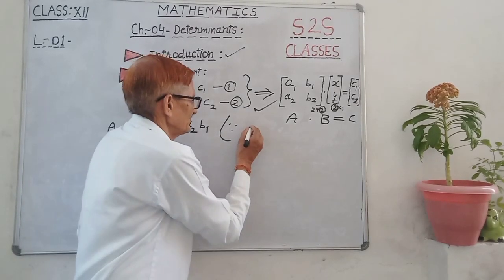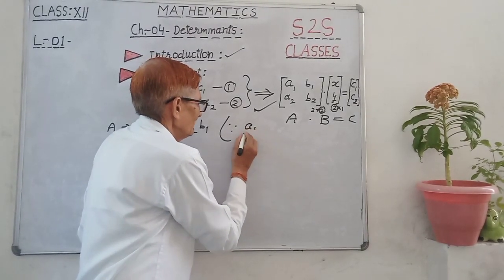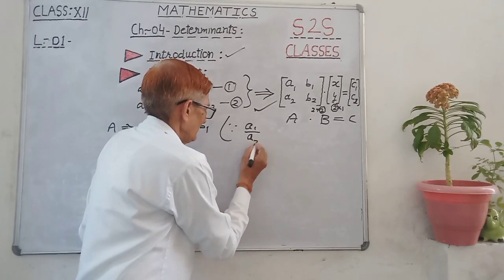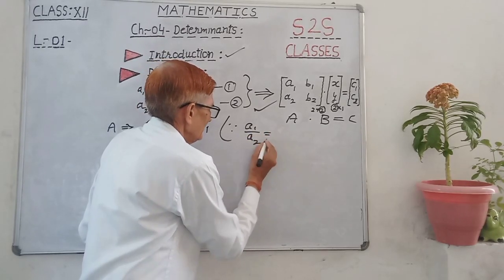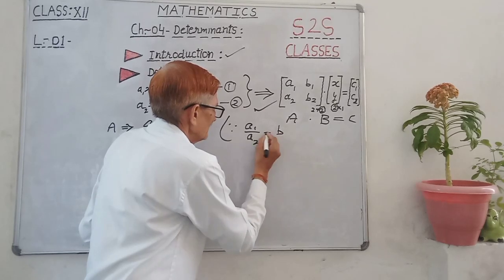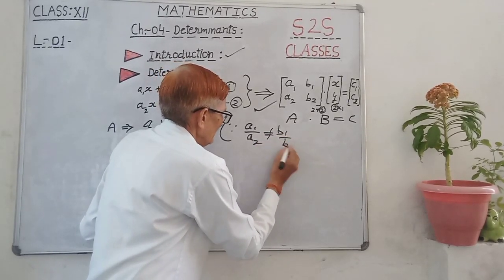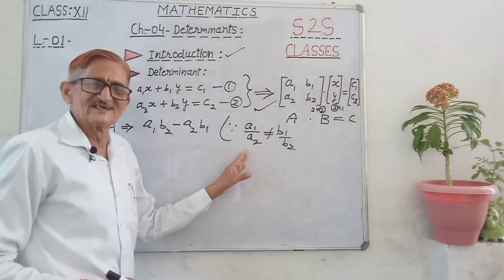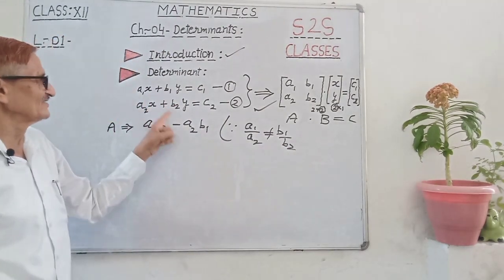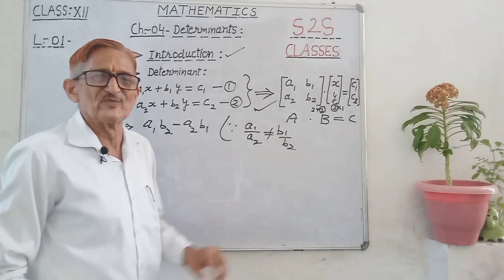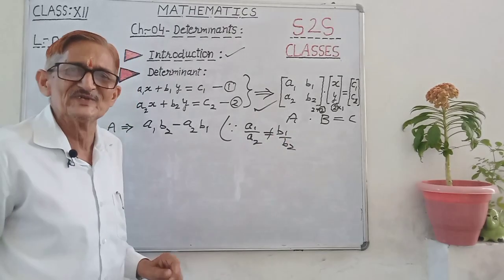What is the condition for uniqueness? a1 upon a2 is not equal to b1 upon b2. For the unique solution, this condition in linear equations in two variables: a1 upon a2 not equal to b1 upon b2, then the linear equation has a unique solution.